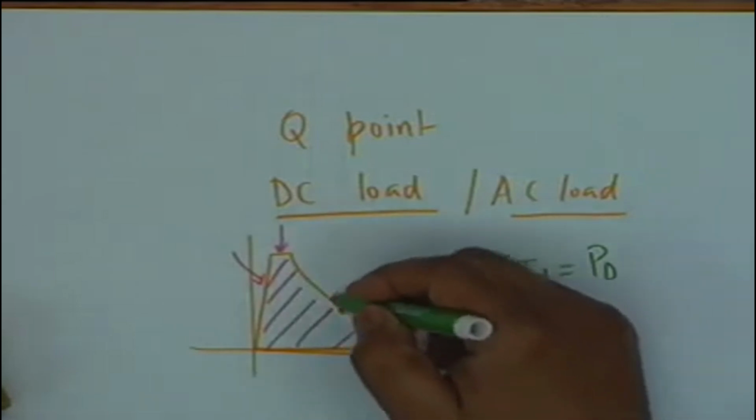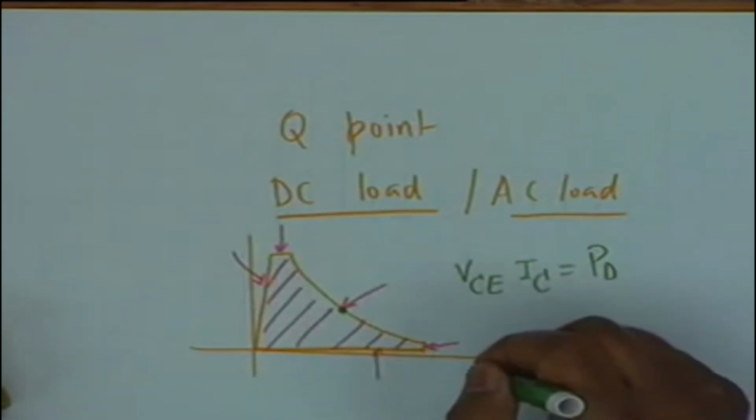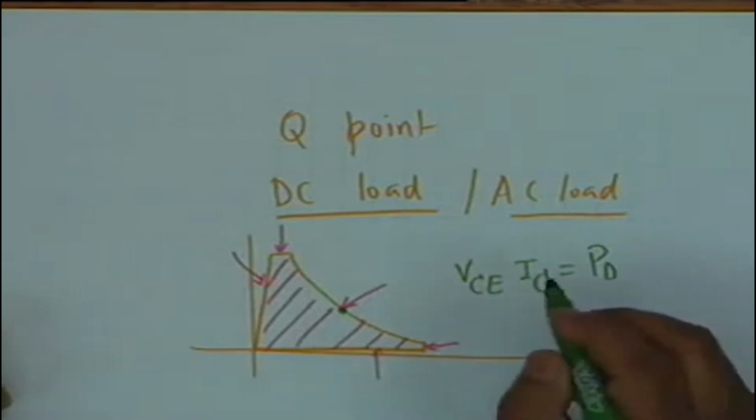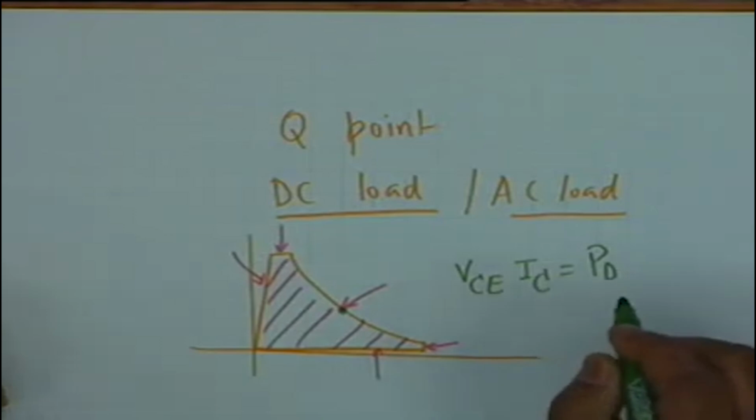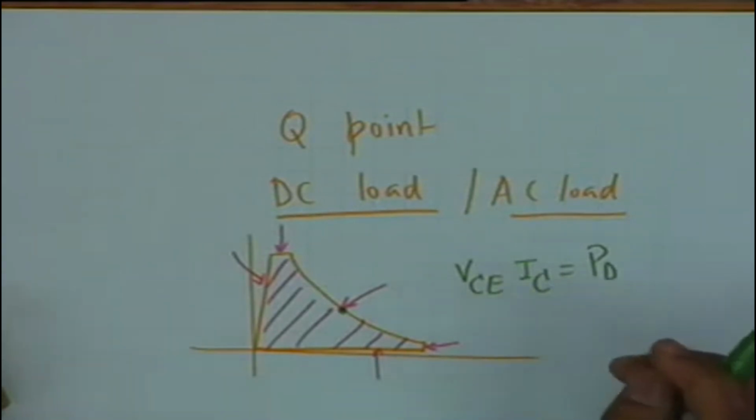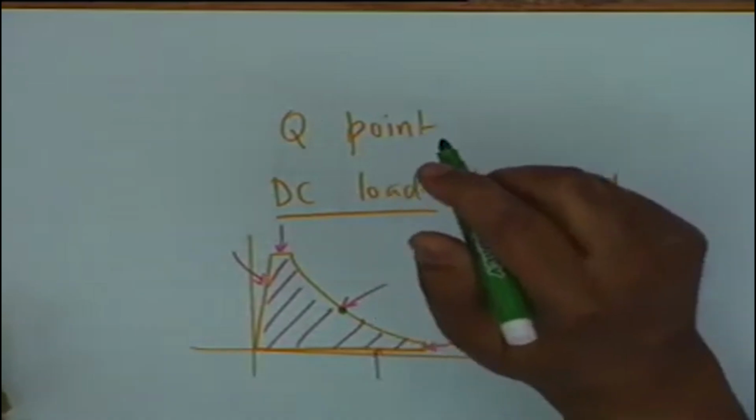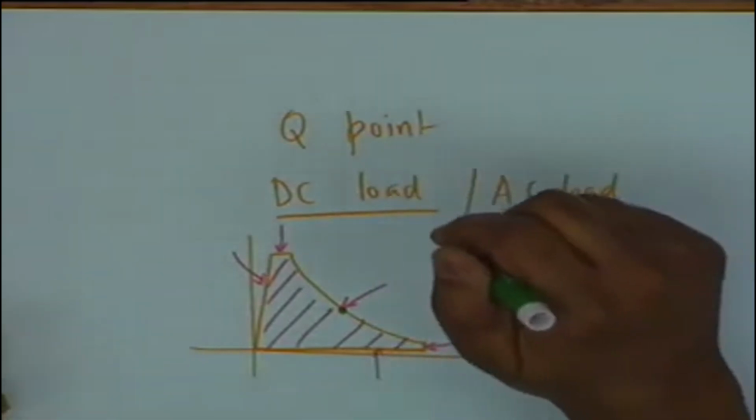Now you can choose various Q points and find out what load is required. The load will now be determined by whether you want a maximum voltage swing or maximum current swing, and we decided last time that because of distortion considerations, perhaps the voltage swing should be maximized.